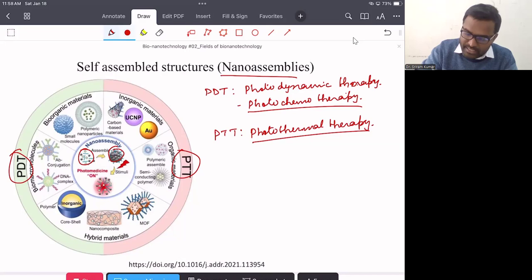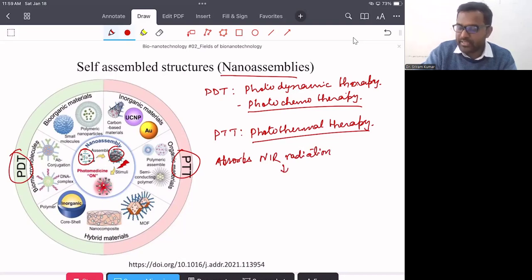If you put light on this material, in PTT the material absorbs near-IR radiation, and that increases the heat energy.